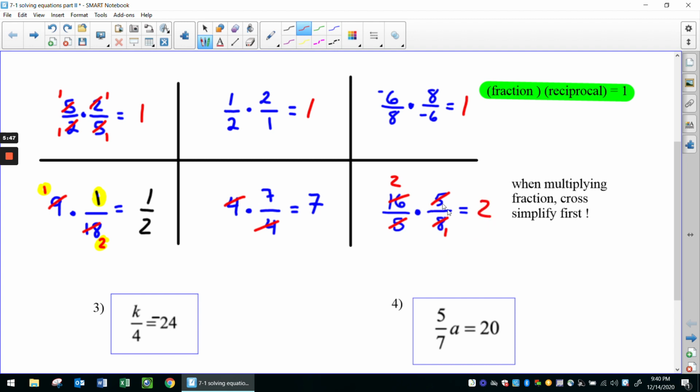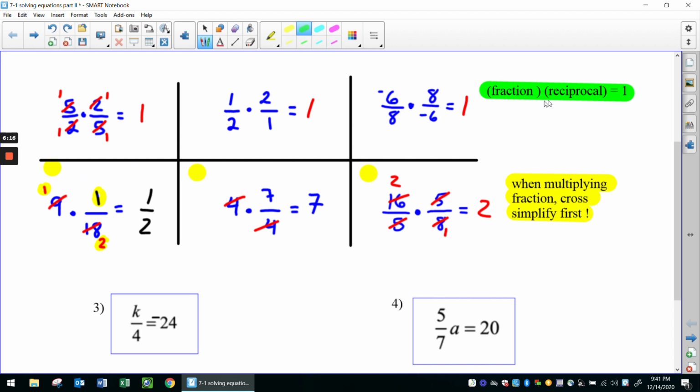See, it's so much nicer to know how to cross simplify and be able to manage fractions and integers using that cross simplifying technique. So let's go ahead and look at this definition. When multiplying fractions, cross simplify first. And I would definitely write this down and understand that that relates to these 3 right here, 1, 2, 3, right?